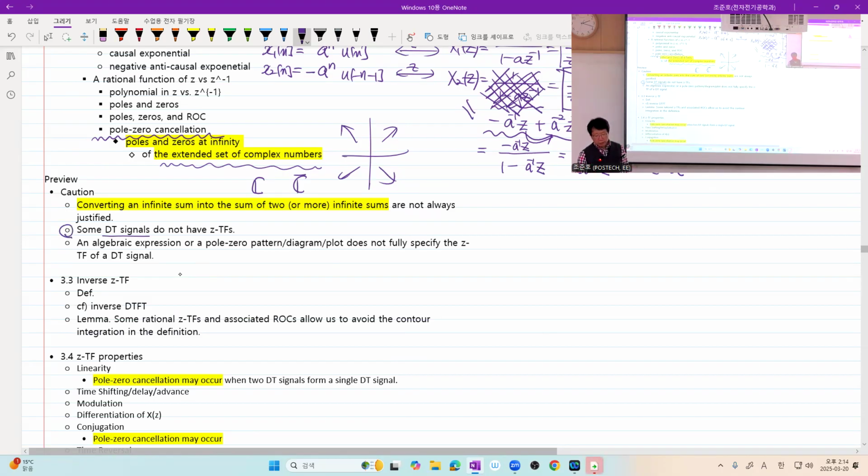And similar to what I already told you, algebraic expression or pole zero pattern, pole zero diagram, pole zero plot does not completely specify what was the DT signal or even the region of convergence. So you cannot uniquely determine your Z transform, because ROC is a defining part of the Z transform.